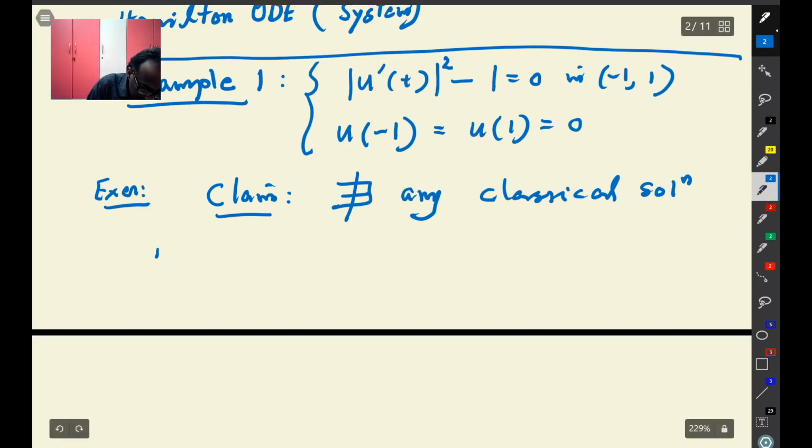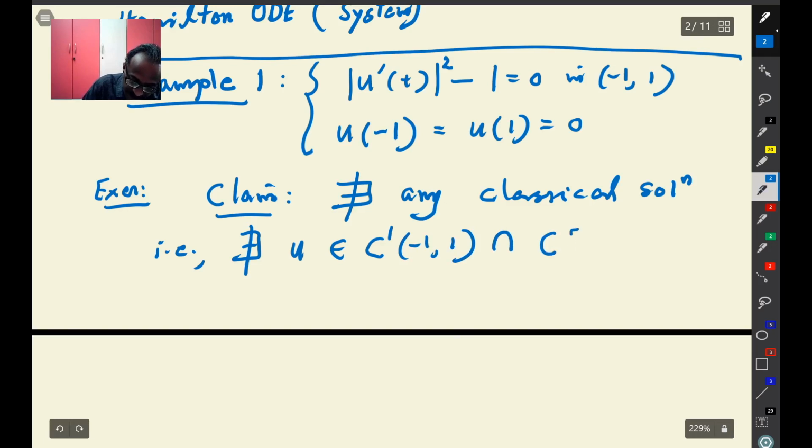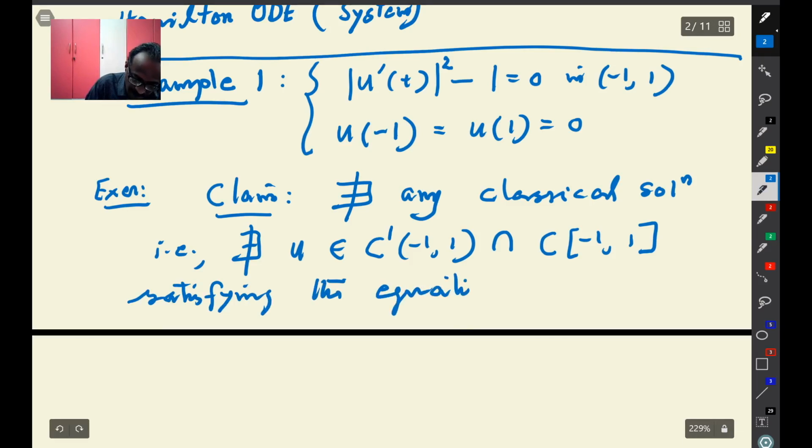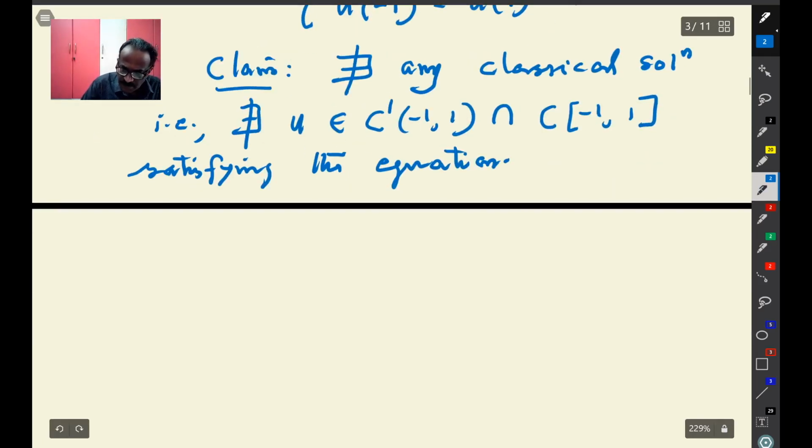That is, there does not exist u in C1 of minus 1 to 1, continuous up to the boundary, satisfying the equation. The proof is almost trivial, so I will not give it. You can prove it in different ways.